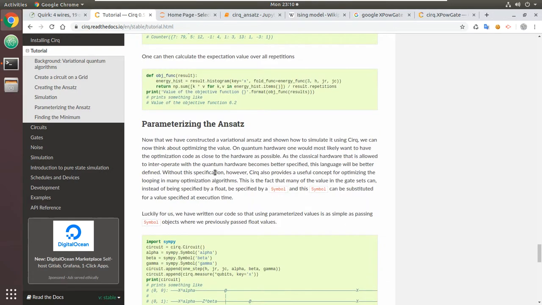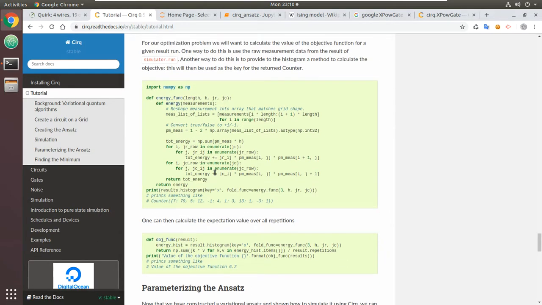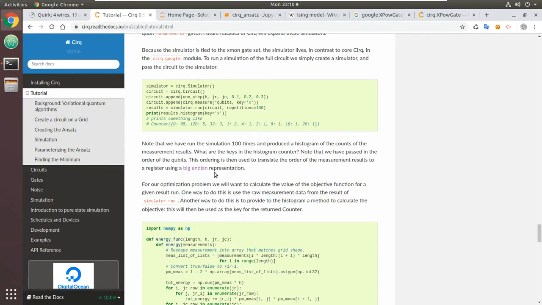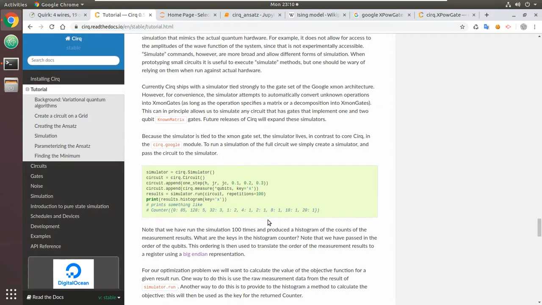As I said, unless it's a measurement on the x basis, I can't. But I think this x is just a key, right? So this is just labeling, so you know which things to print in a histogram and stuff like that.